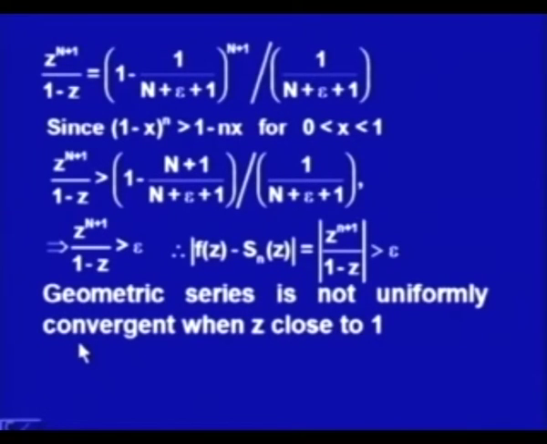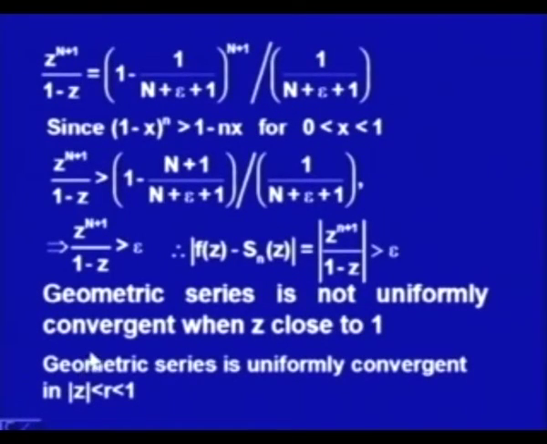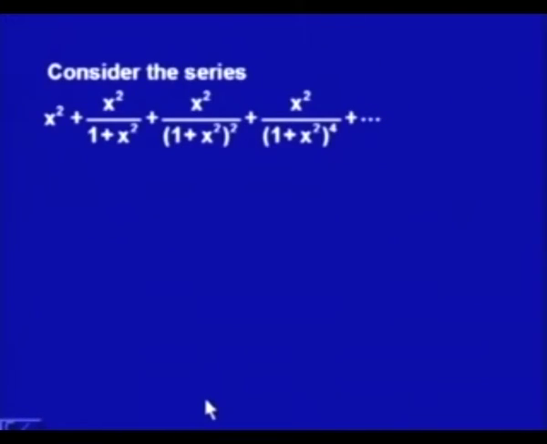So, this means that it is not uniformly convergent. However, if we apply the result of the earlier theorem, then the geometric series is uniformly convergent in modulus z less than r. So, there exists some r in which the geometric series will be uniformly convergent, but it will not be uniformly convergent throughout modulus z less than 1. There has to be some r in which this series is uniformly convergent.